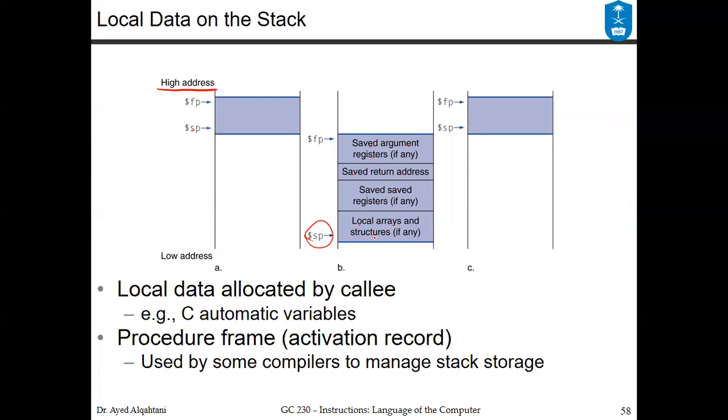Once you're done with the procedure, you're supposed to pop them, meaning you go to the high address again, so you increment the stack pointer. The local data allocated by the callee, for example automatic variables. Also, the procedure frame is something related to the operating system called the activation record, and it is used by some compilers to manage stack storage, but that's outside the scope of this class.